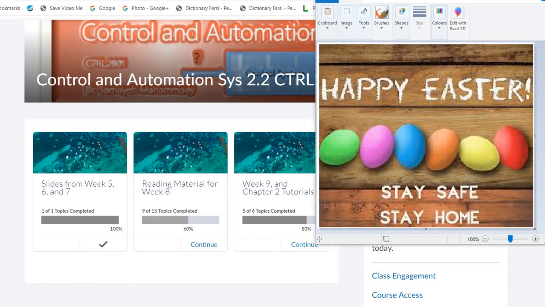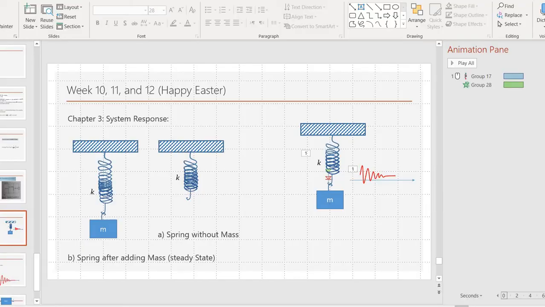So we are moving to chapter 3 and we are going to talk about system response. Previously I mentioned that most of the time the response that we see in a system is the steady state response, and that means that temporarily we might see some variation in the response of a system, but over time they die down.